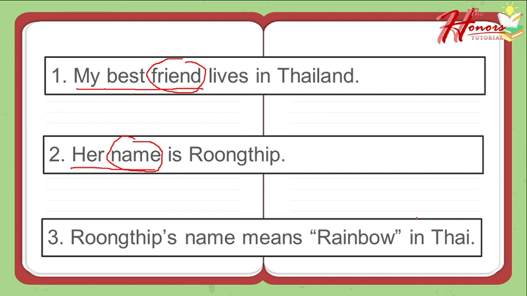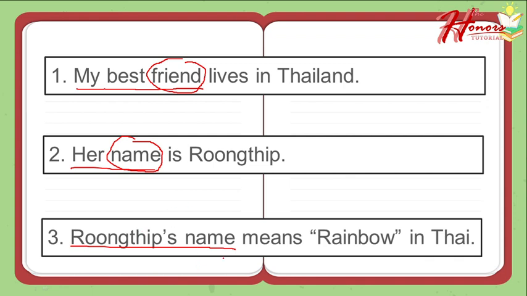Next, number 3. Rungtip's name means rainbow in Thai. Okay, let's identify the complete subject in the sentence. The correct answer is Rungtip's name. Very good. So again, where is the simple subject in this complete subject? Is it Rungtip's or name?